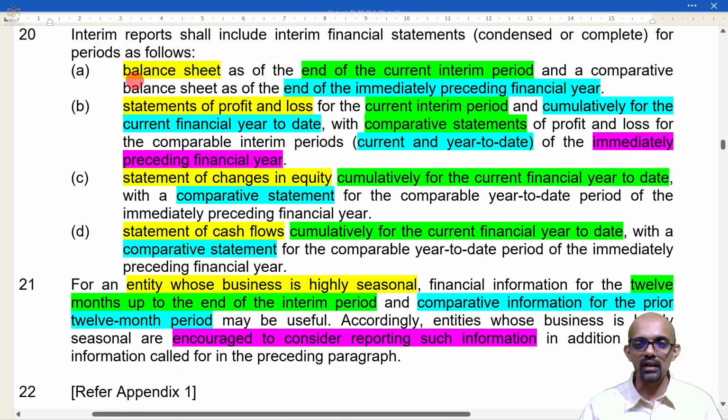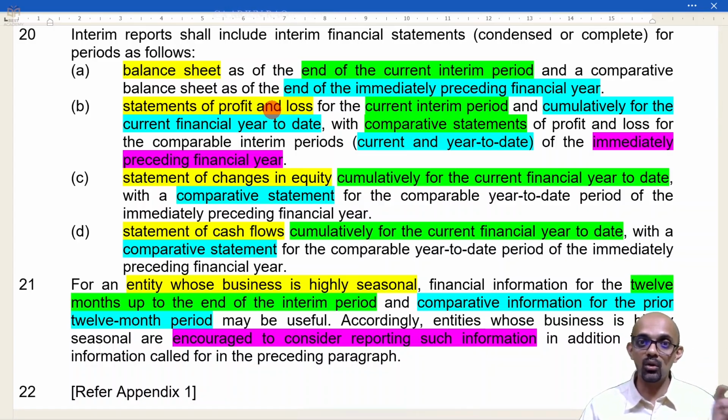Balance sheet: end of the current interim period and end of the immediately preceding financial year. Statement of P&L will be for the quarter, the corresponding previous year, and year to date ending at the end of the current quarter, that is the beginning of the year to the end of the current quarter, and the corresponding period of the previous year.